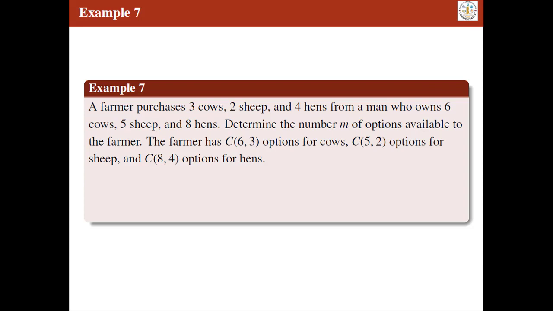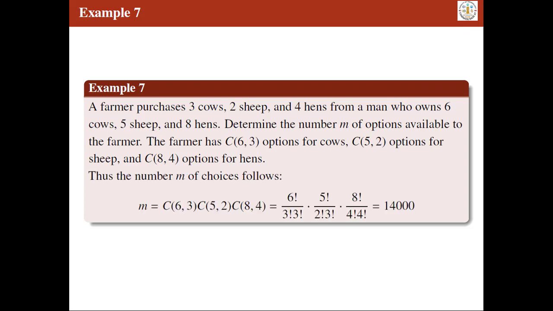The farmer has C(6, 3) options for cows, C(5, 2) options for sheep, and C(8, 4) options for hens. Thus, the number m of choices follows: m equals C(6, 3) times C(5, 2) times C(8, 4) equals 14,000.